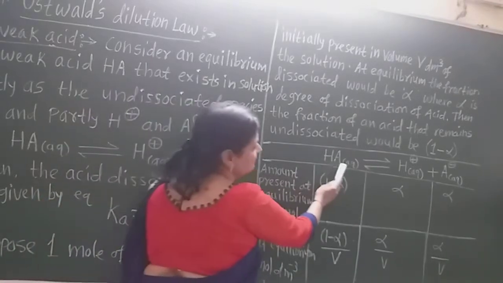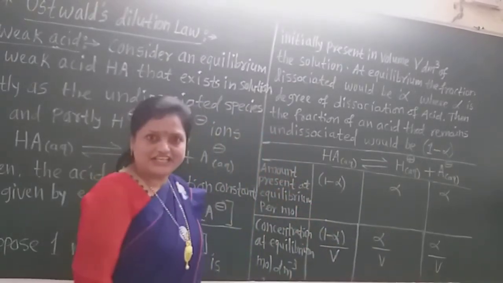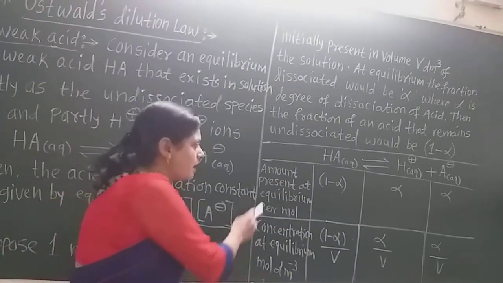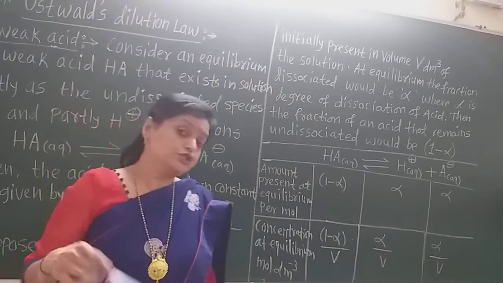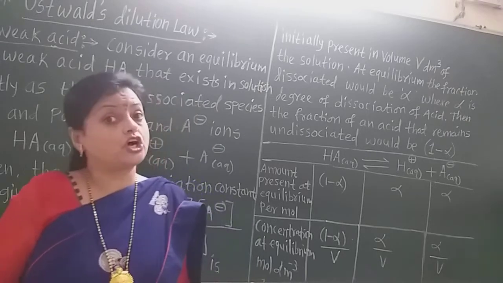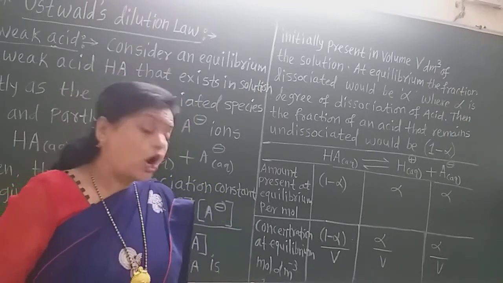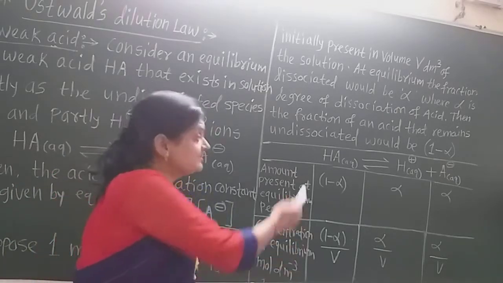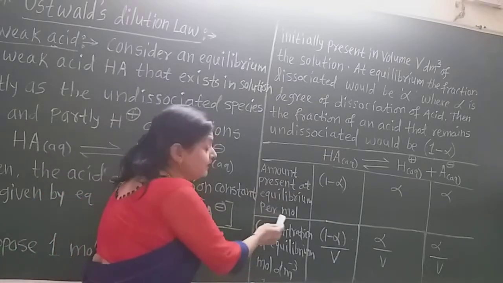This HA, that is the weak acid, dissociates as H plus aqueous plus A minus aqueous. Now the amount present at equilibrium per mole: after dissociation the equilibrium state comes, and at that equilibrium state, the amounts of HA, H plus and A minus that remain are the amounts present at equilibrium per mole.